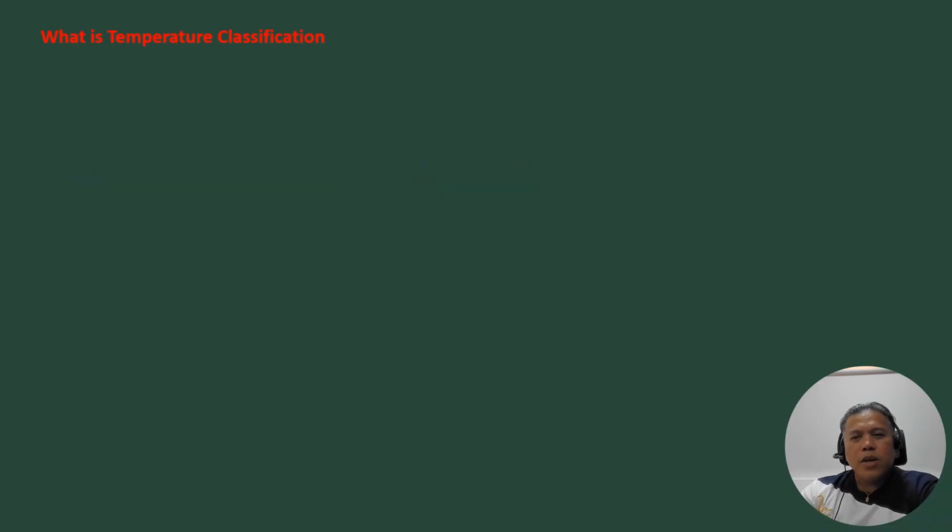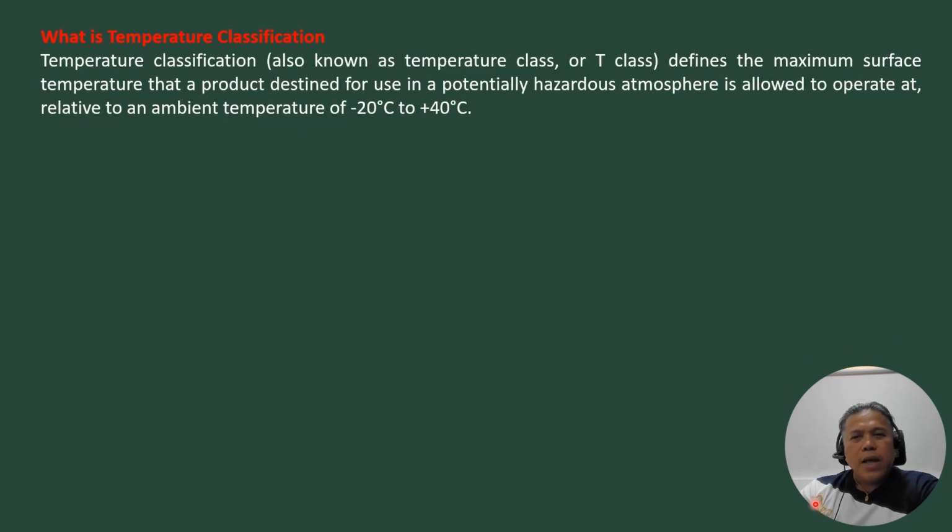So first, we need to discuss what the temperature classification is. Temperature class for group applications: temperature class as a group application for equipment used in mining, oil and gas, and any other company or project.